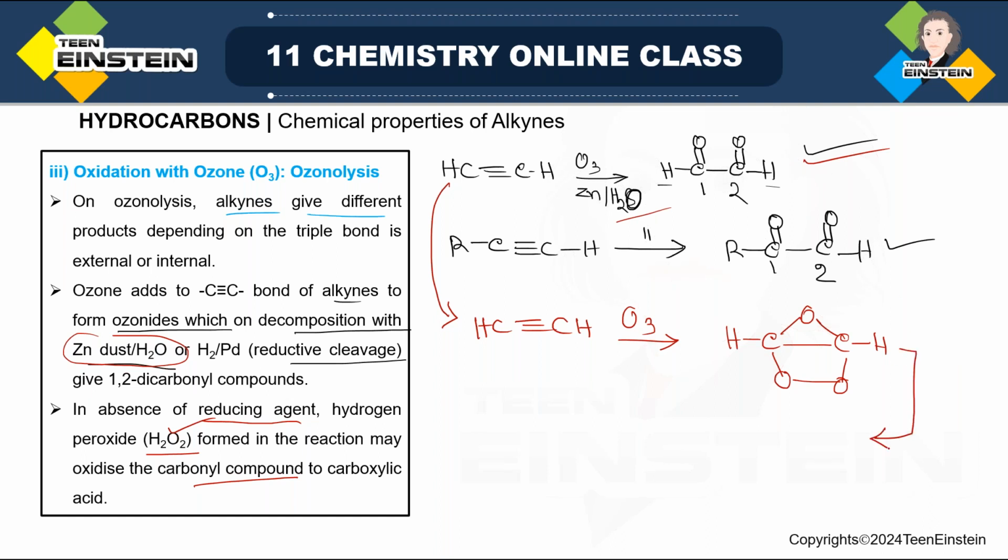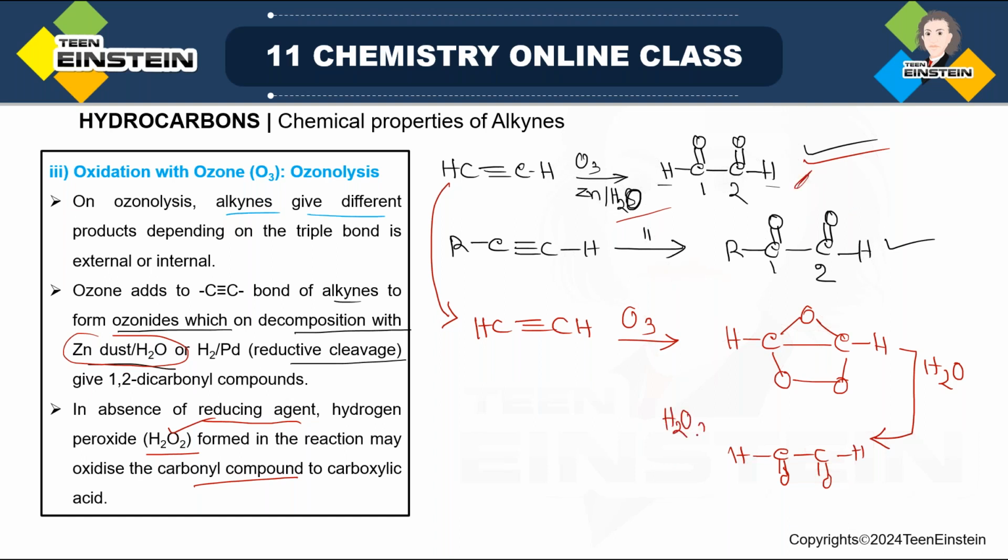But if you are not using any reducing agent, there is already formation of H2O2. But before H2O2 comes into the picture, first remember water is present in the medium. So there will be formation of HCO-COH, just like this one as we have seen.